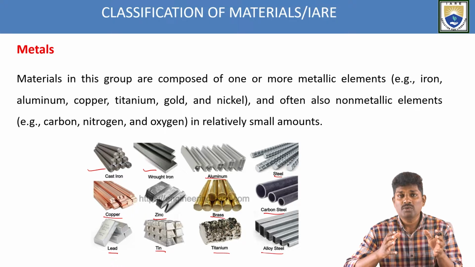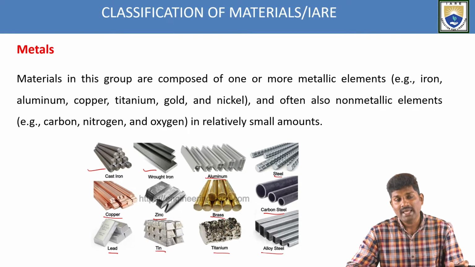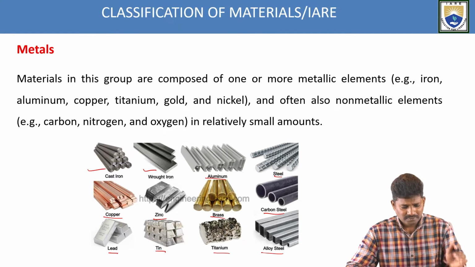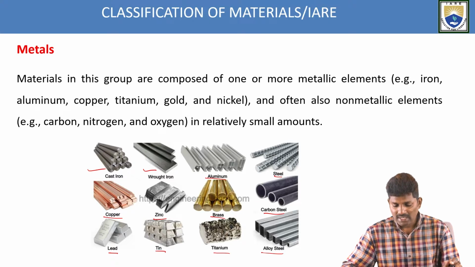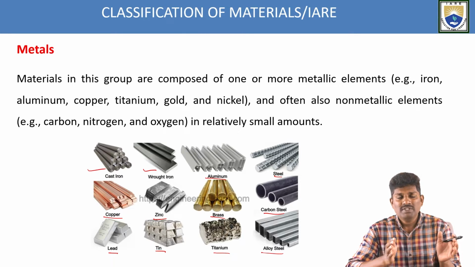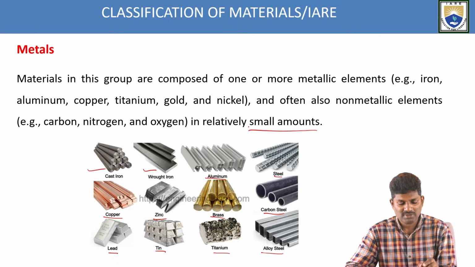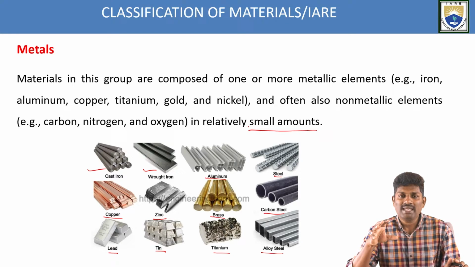A metal in this group is composed of one or more metallic elements, and these are called combinations of metals. Again, this may be combined with non-metallic elements which are present in very small amounts. So complete metallic elements with small amounts of non-metallic elements come under the group of metallic materials.